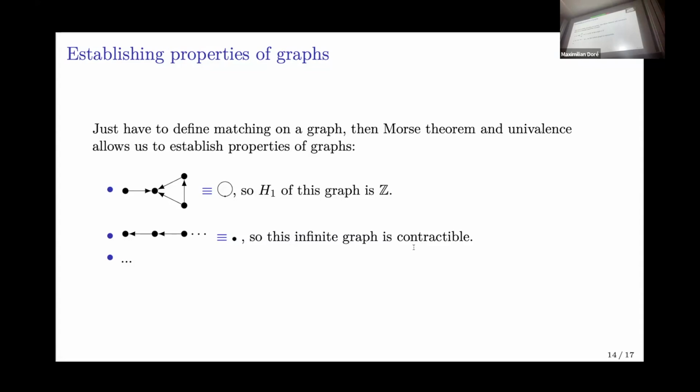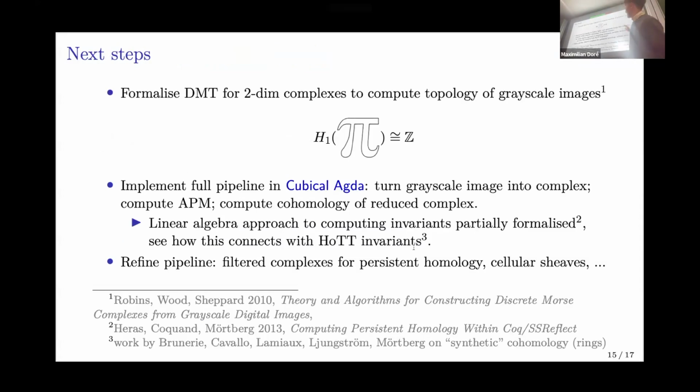In principle, there shouldn't be all that much hacking and metaprogramming involved. The last step, where we take some Morse complex and compute invariants from it, there has been the most work already within a classical setting, and that's the part that I have thought least about in the cubical setting, how to do it best.